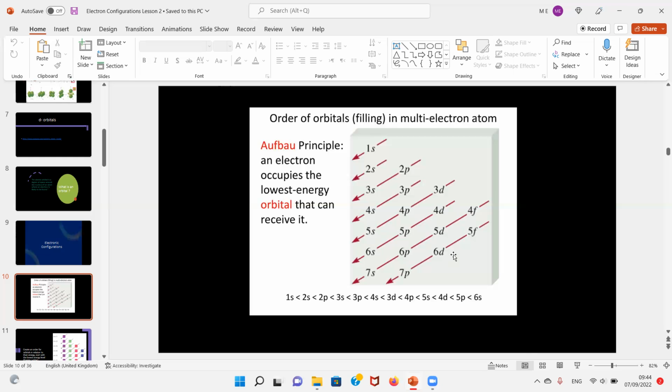It is really important that you remember this diagram and be able to create the order of energy levels so that you can fill in the electrons.